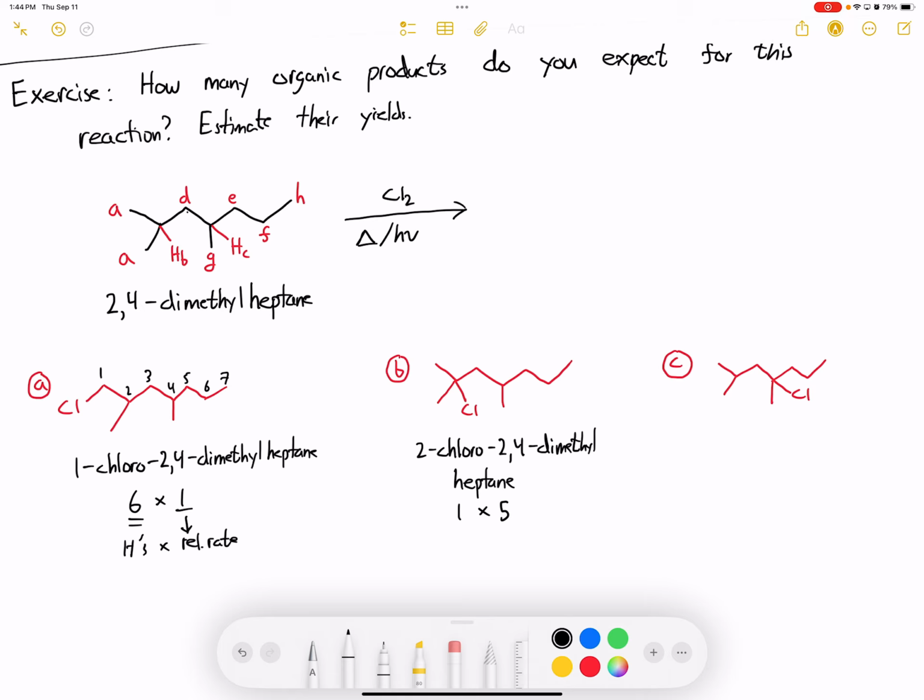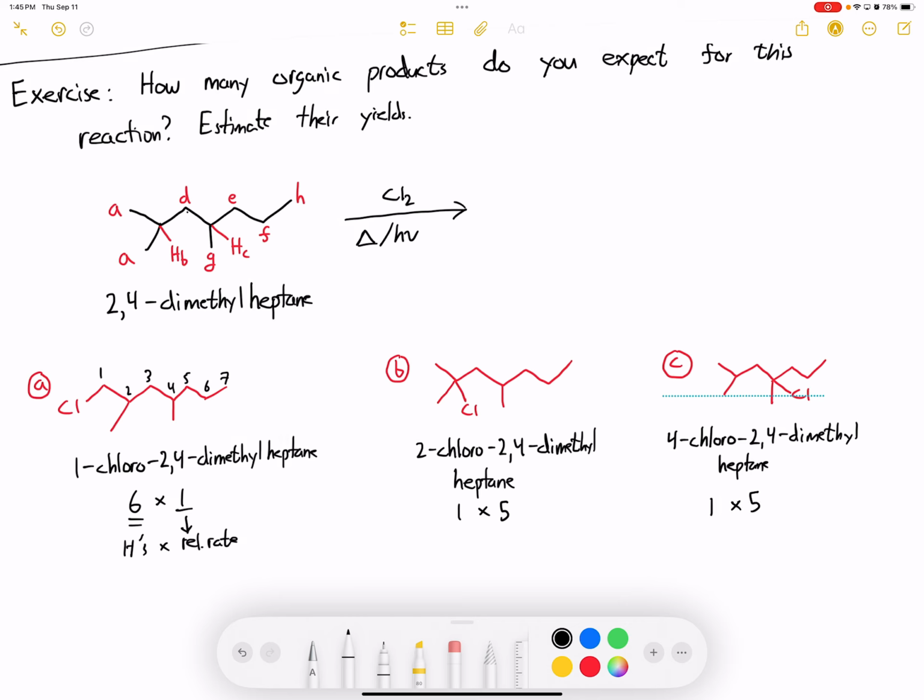So chloro is at what position now? I don't think it's 3, is it? 4. We're almost there. 4 chloro, dimethyl heptane. And C, again, only one of them, and it's tertiary, so that's times 5.